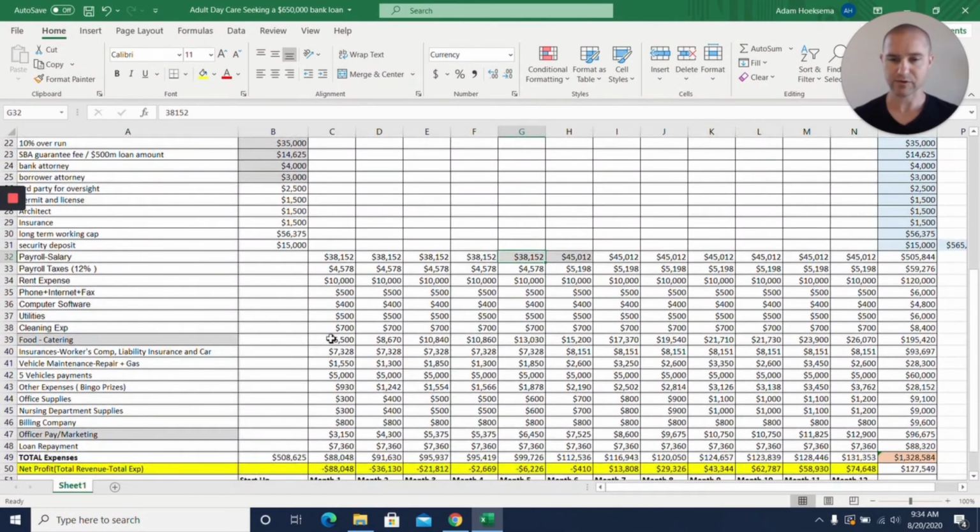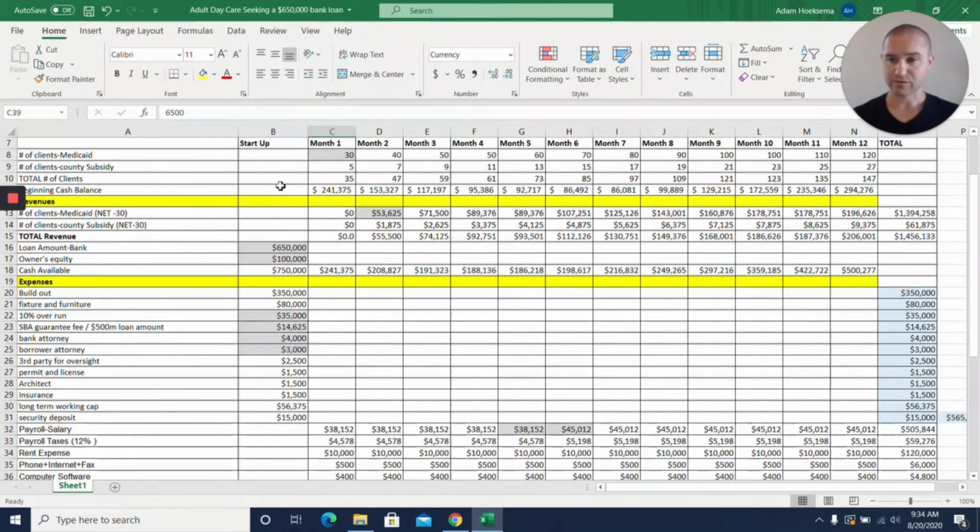The same thing I wanted to point out with food. Food does look like it is increasing with the number of customers. And there's probably some equation here that our client kind of went through that 6,500.